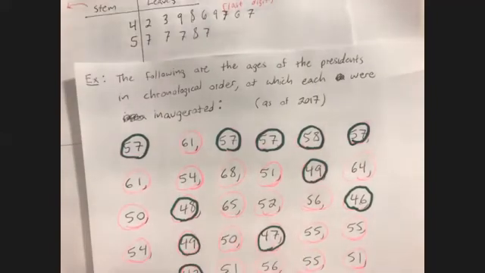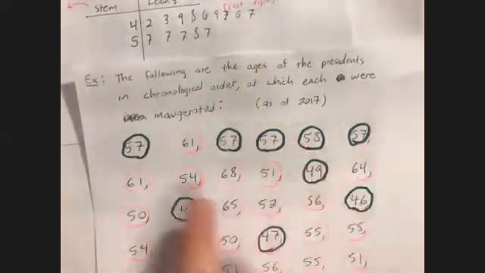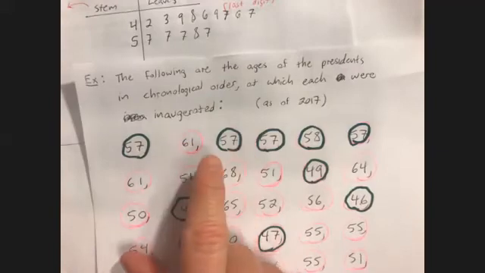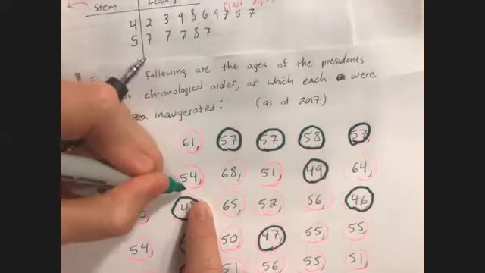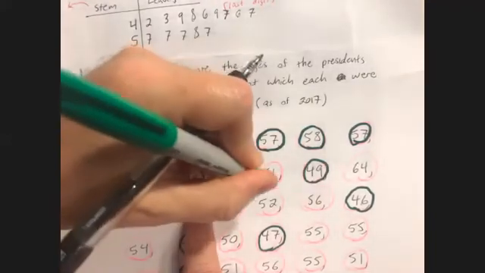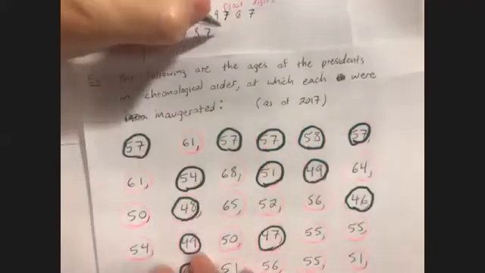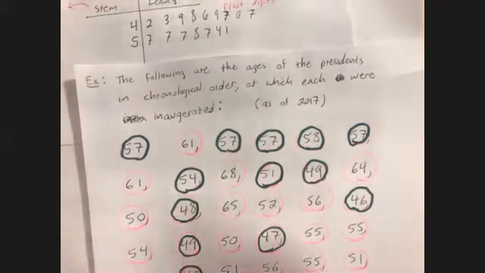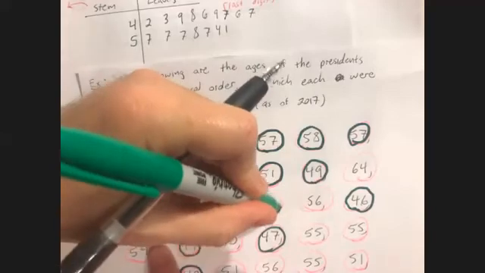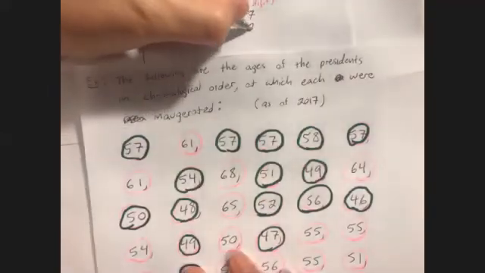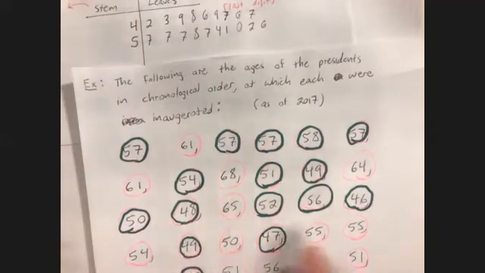And you try to keep these in line because this gives us some kind of representation of the data as well. 54, 51. 50, 52, 56, 52, 6.